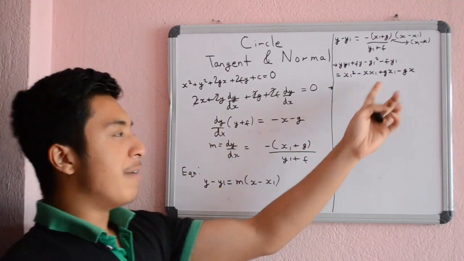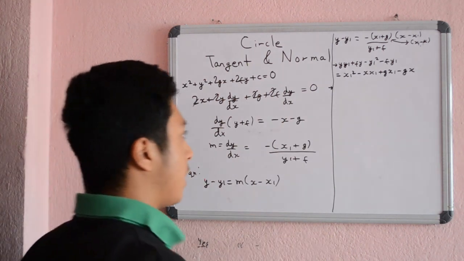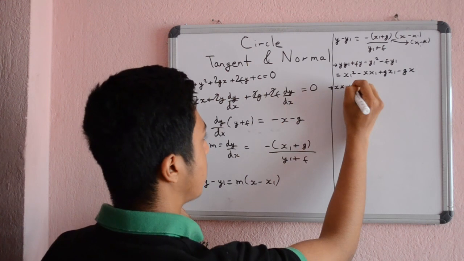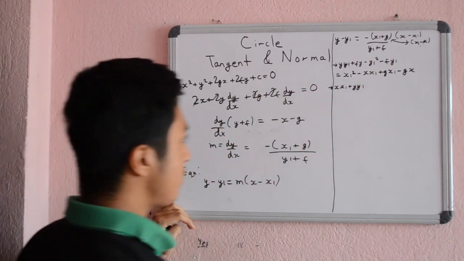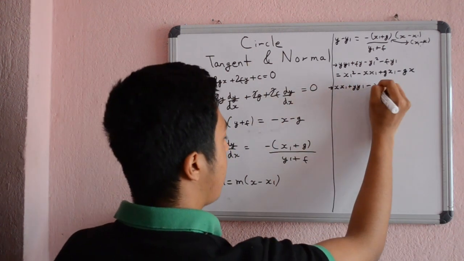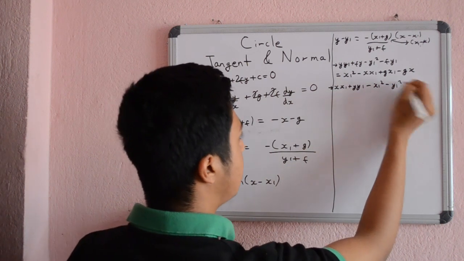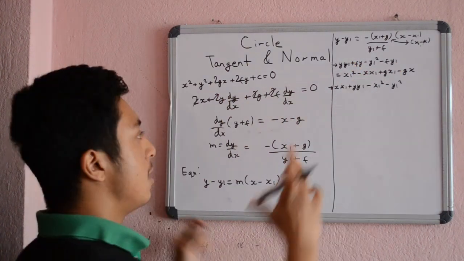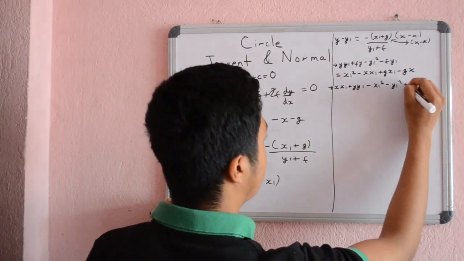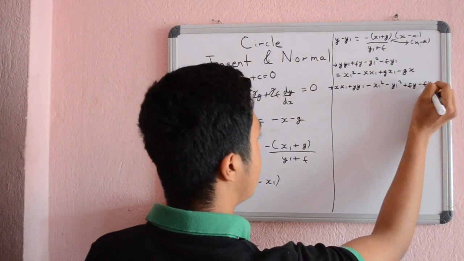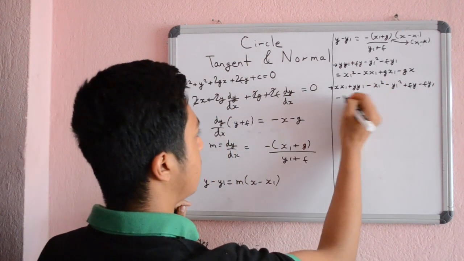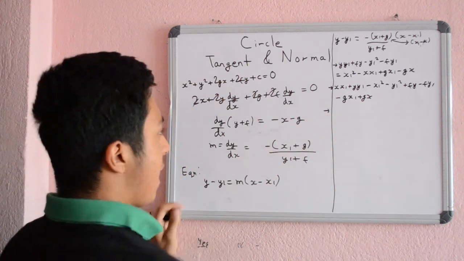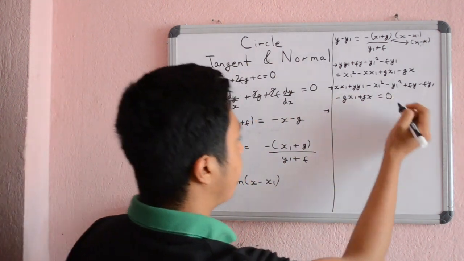And I'm just going to move everything to the left hand side and see what I can come up with. So I see this, I'll put it over here, xx1 plus yy1, and I also have minus x1 square minus y1 square, and I'll just put these two over here, plus fy minus fy1, and these go to the left hand side, become minus gx1 plus gx, and this equals to 0.